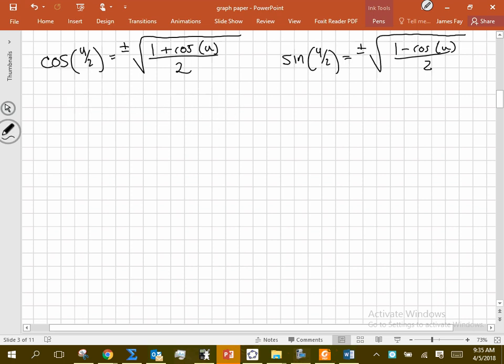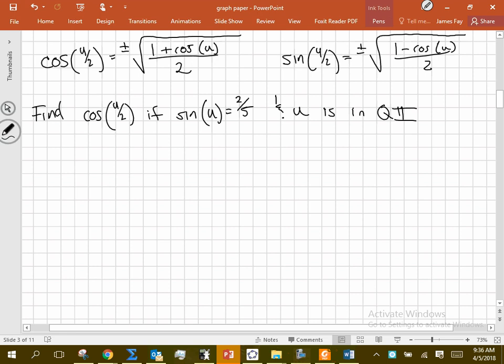But the question I have is, let's say find cosine of U over 2 if sine of U is 2/5 and U is in quadrant 2.